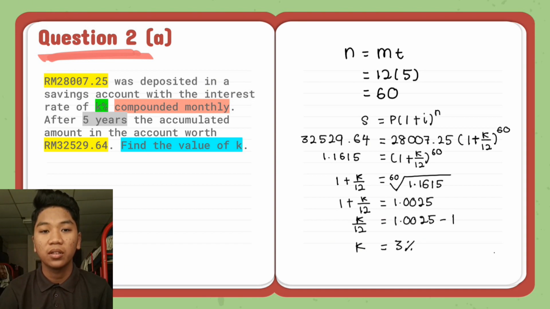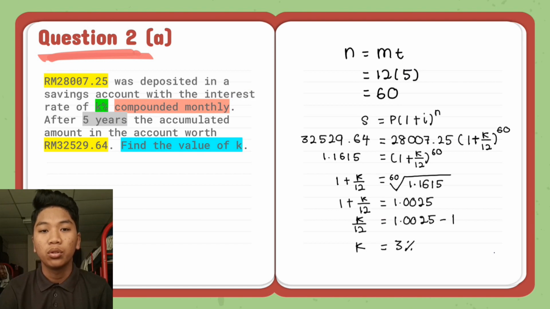Find the value of K. So, in this question, we need to identify the keywords that it gives, which are P equal to RM28,007.25, M equal to 12, T equal to 5 years, S equal to RM32,529.64. Then, we need to find the right formula to use.